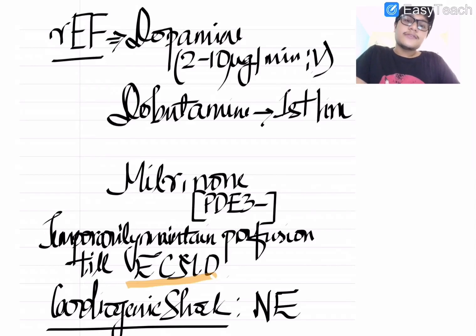Dopamine can be given if there is heart failure with oliguria, and if these fail, we may have to start milrinone, that is a phosphodiesterase 3 inhibitor. If the patient has succumbed to a cardiogenic shock, we will also have to start norepinephrine.